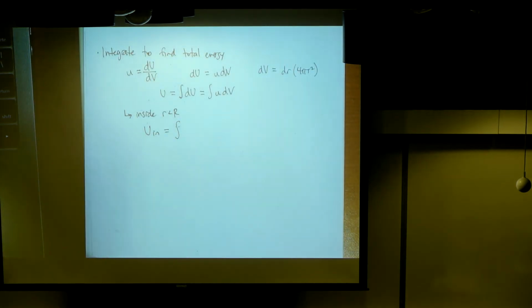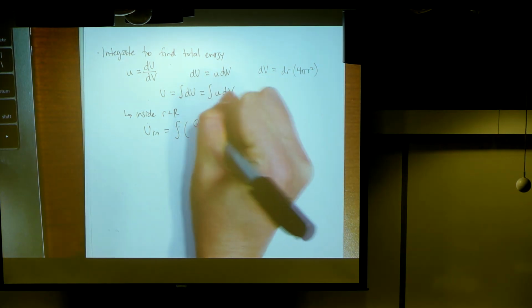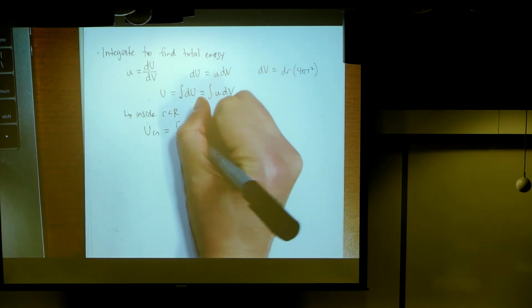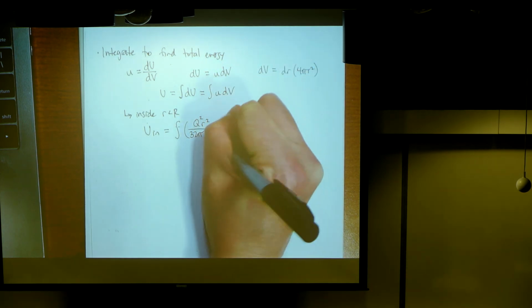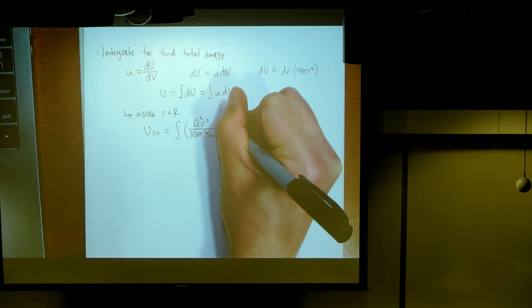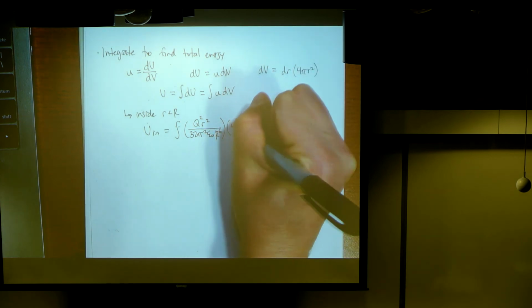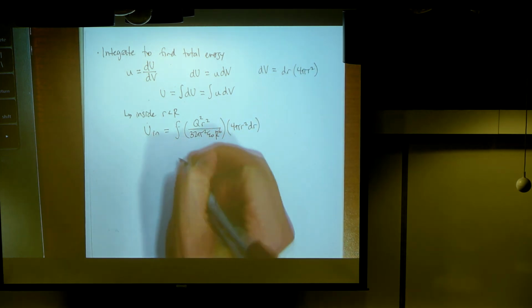So for our energy density, we got Q squared times little r squared over 32 pi squared epsilon naught big R to the 6th power. And then for dV, we have 4 pi little r squared dr.